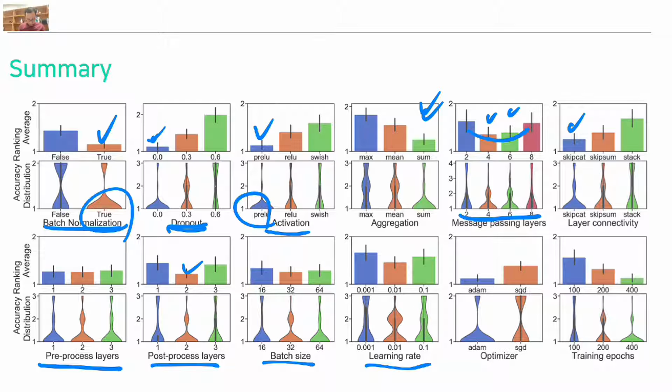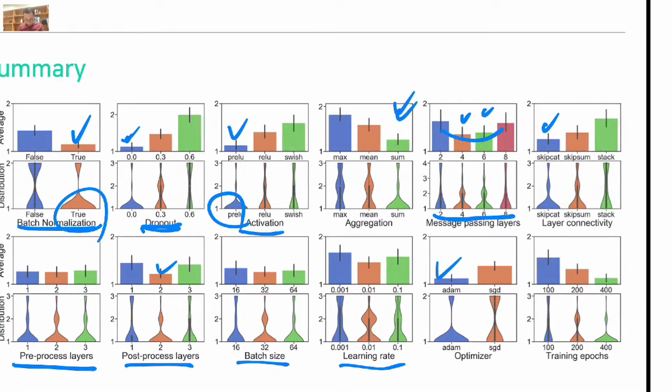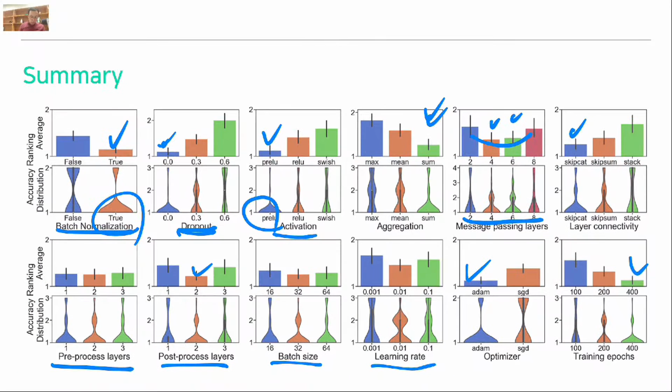And learning rate 0.01 is slightly better. Adam is better. In training epochs, 400 is better. So we have this amount of the design space. They try to summarize the result of 32 tasks.